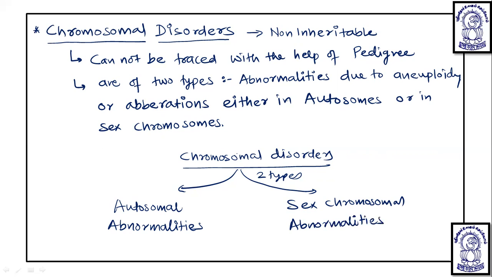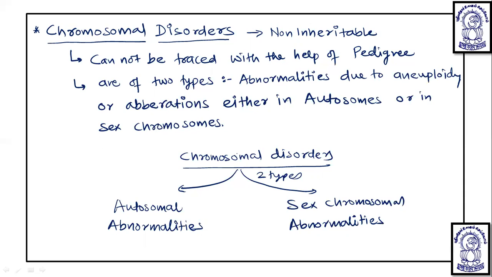If there is aneuploidy or aberration in the autosomes, then it is known as autosomal abnormality. If there is aneuploidy or aberration in the sex chromosomes, due to addition, excess or loss of chromosomes, then it is known as sex chromosomal abnormality.